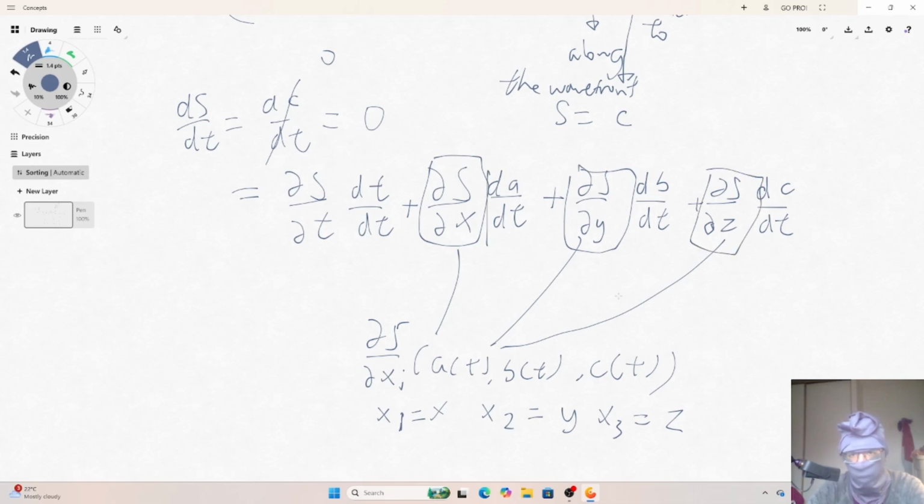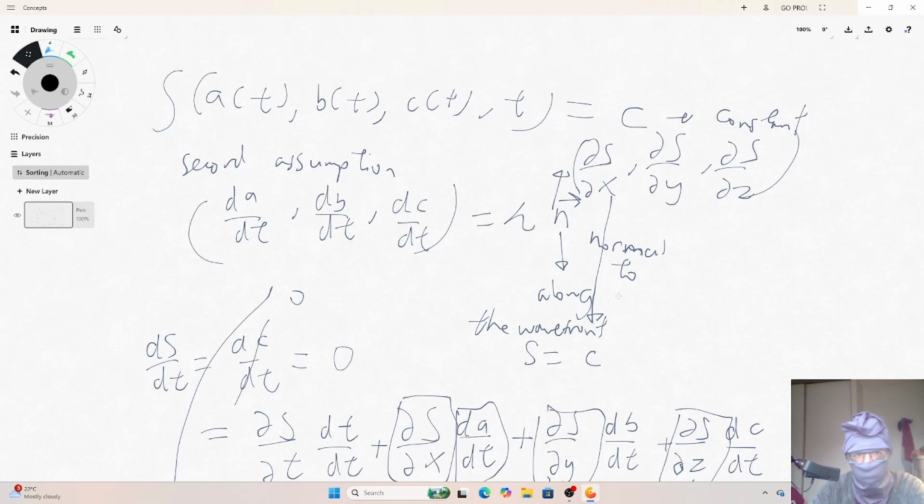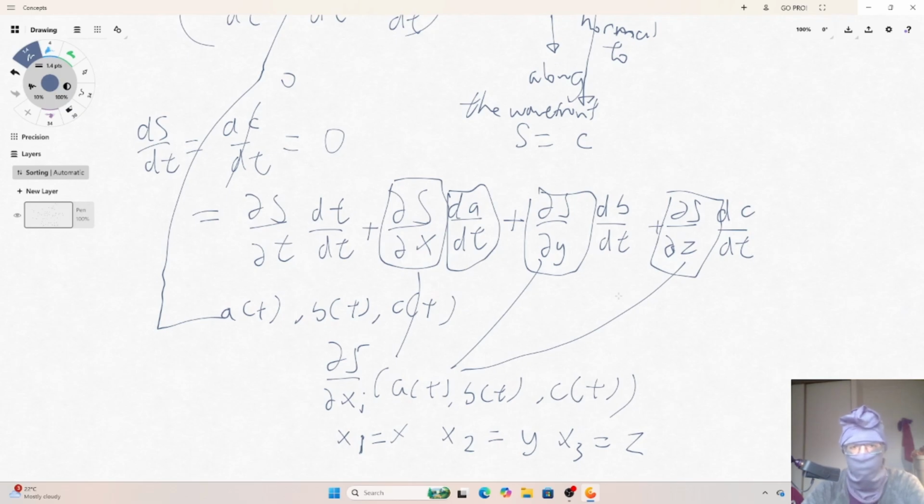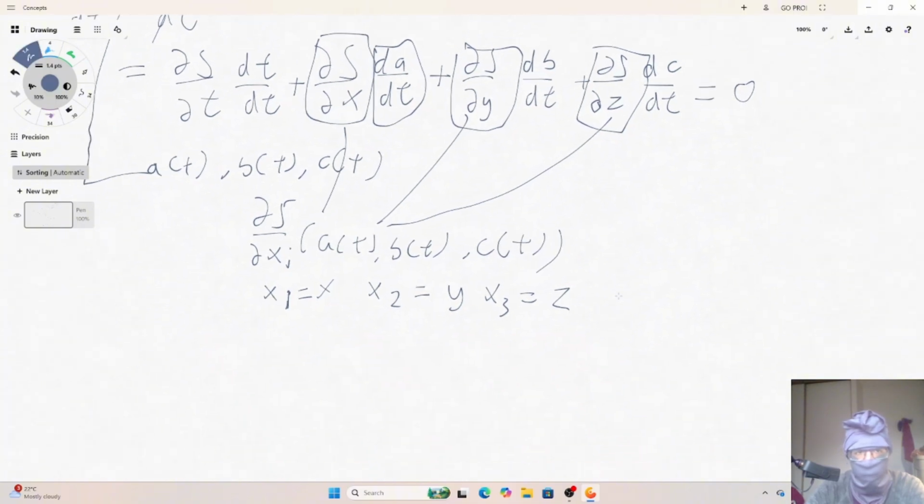And here, these are total derivatives of the moving point along normals of the wavefront that maintains its phase, as we saw earlier. So all of that is equal to 0, and we know that dS over dt is equal to minus E, which we fixed for all electron paths through the wavefront.